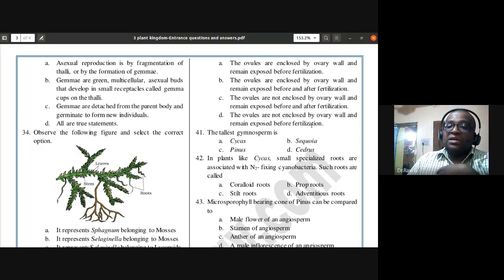So C is the answer for the 40th. The ovules are exposed before as well as after fertilization.